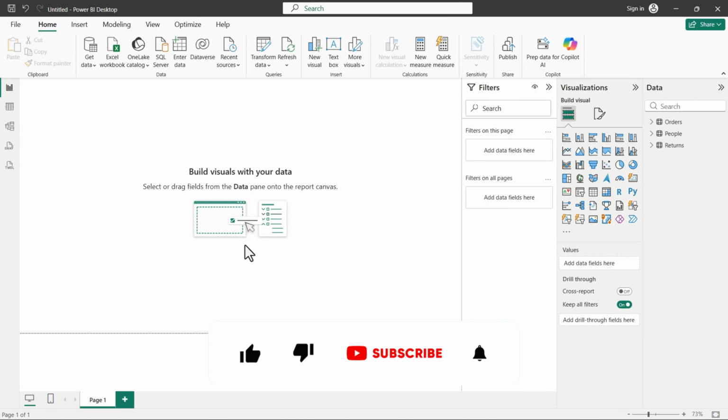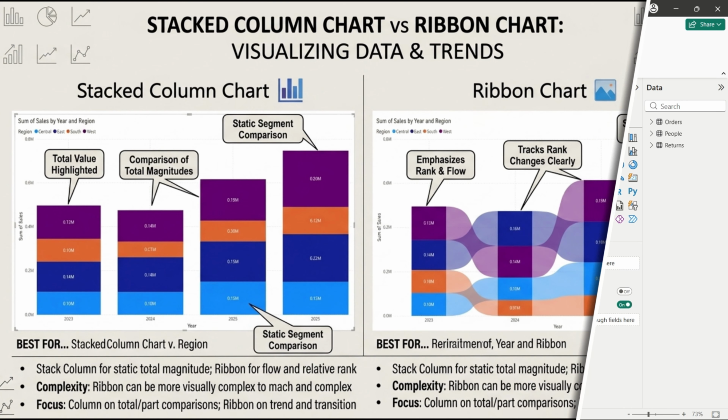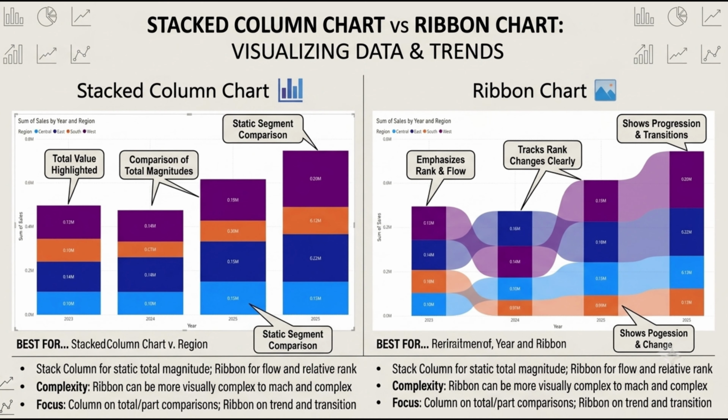In this lesson, we are going to dive into one of my absolute favorite visual tools, the ribbon chart. Now, if you haven't used a ribbon chart before, you are in for a treat. A lot of people mistake it for a standard stacked column chart, but it does something far more intelligent.